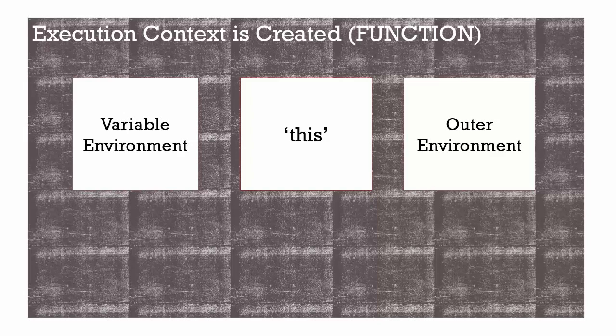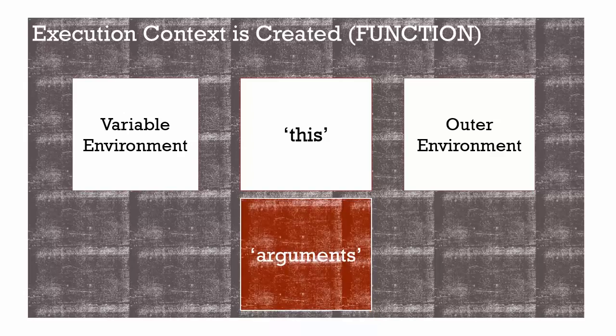And it also sets up another special keyword called arguments. Arguments contains a list of all the values of all the parameters that you pass to a function. So arguments holds all those values that you pass to whatever function you're calling.